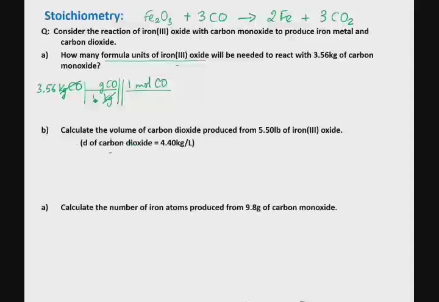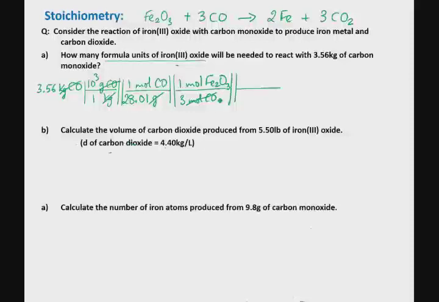1 kilogram is 1000 grams. The molar mass of CO is 28.01 grams, so that converts into moles of CO. Moles of CO can be converted to moles of Fe2O3 using the coefficients in the balanced equation.